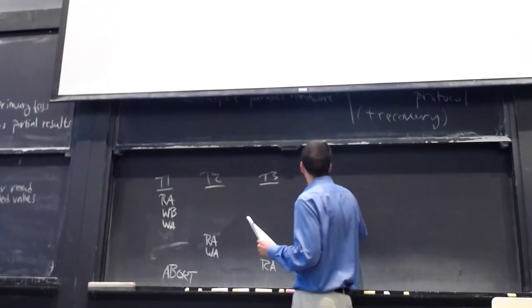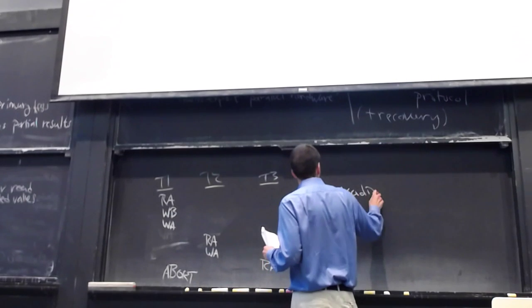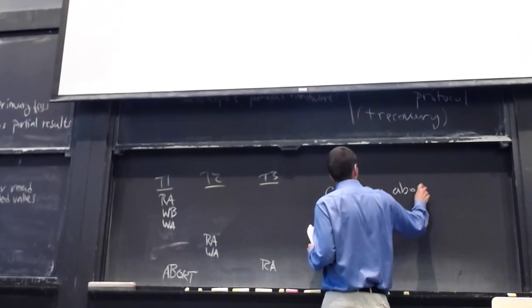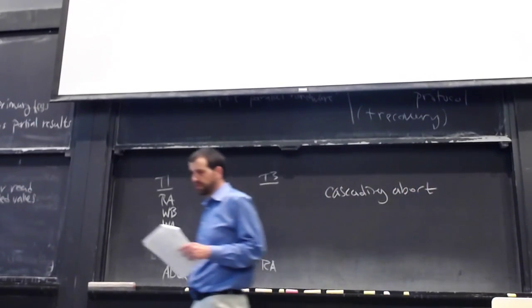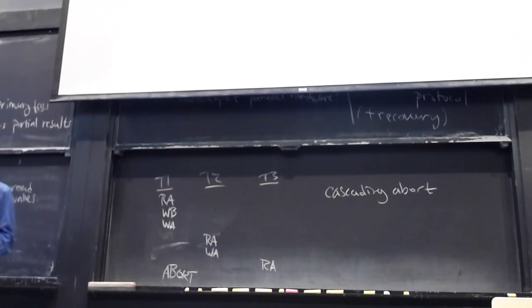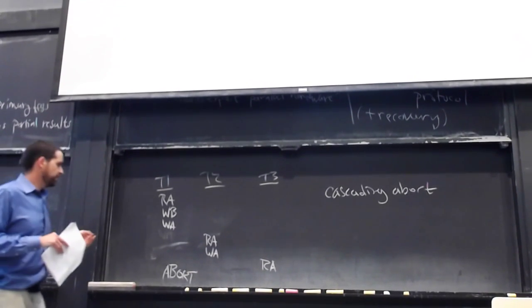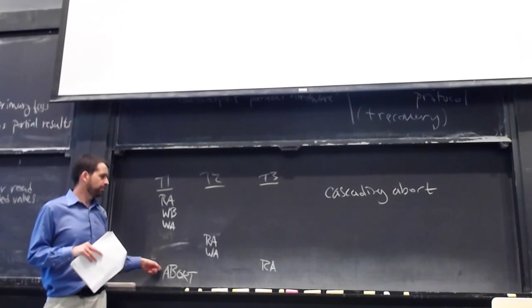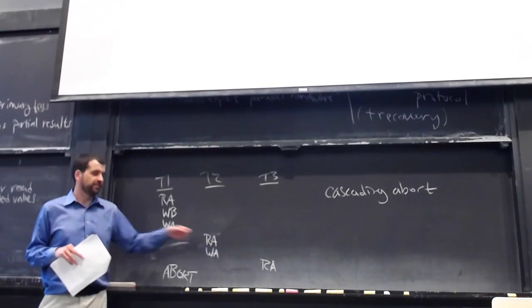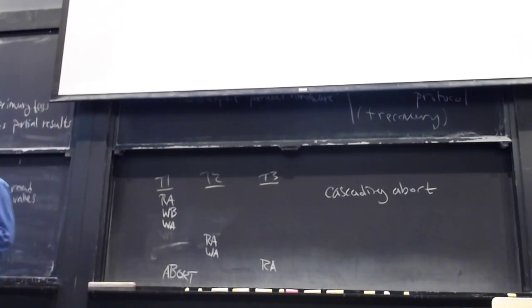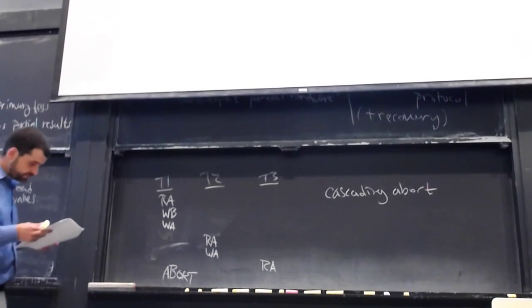Okay, so this is what's known as a cascading abort or a cascading rollback, and we might like to avoid it. So we can avoid this unrecoverability property by not allowing T2 and T3 to commit until T1 commits, but in order to prevent this cascading abort, we can't actually allow these reads to happen at all. Okay?